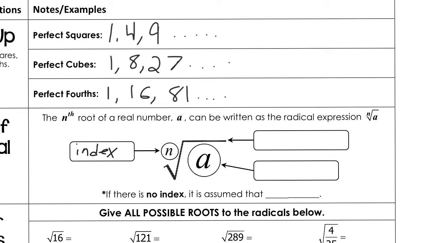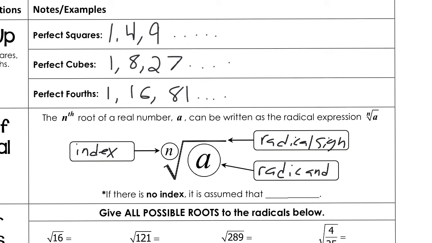Then this sign is called the radical sign. And then a is called the radicand, so what's under the radical sign, because in this case it's the nth root. It doesn't just have to be the square root. So we need to get familiar with this terminology, the radicand.